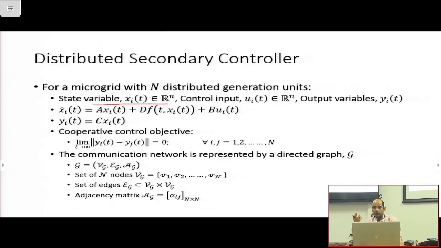You know that, right? Instantaneous voltage, current, power, frequency, these are all real numbers. So these xi's belong to real numbers having this order n. Likewise, control inputs ui also belong to real numbers, and output variables yi obviously also belong to real numbers.